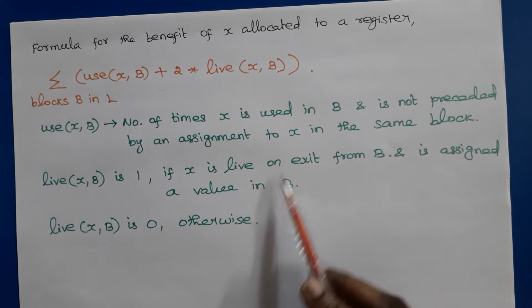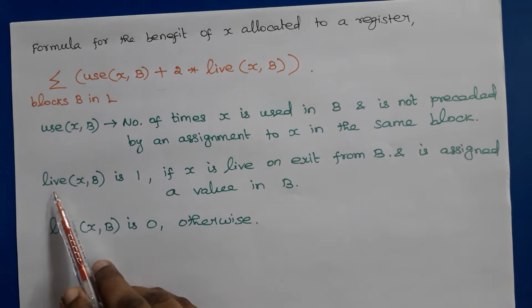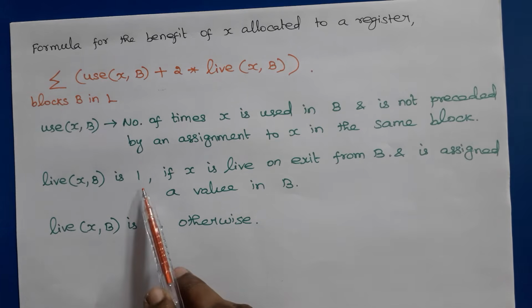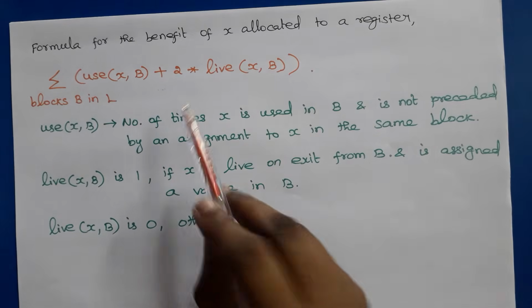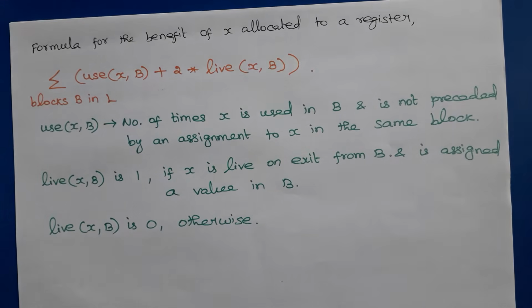If these two conditions are satisfied, we set live of x comma b to 1. Otherwise, live of x comma b is 0. That is, if x is dead, live of x comma b is 0, so 2 into 0 will be 0.